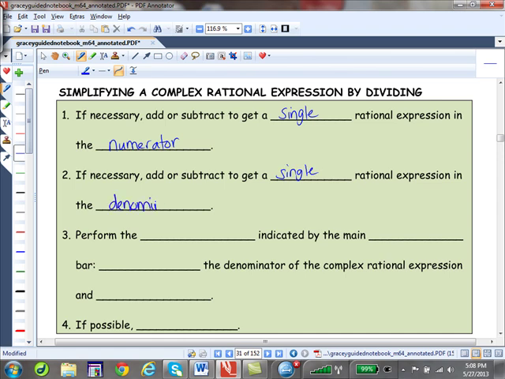If we have that kind of situation, then it ends up being like that second warm-up, part B. Then you perform the division indicated by the main fraction bar, invert the denominator of the complex rational expression, and multiply. And then, as always, at the end, you see if you can simplify. Sometimes you can, sometimes you can't.